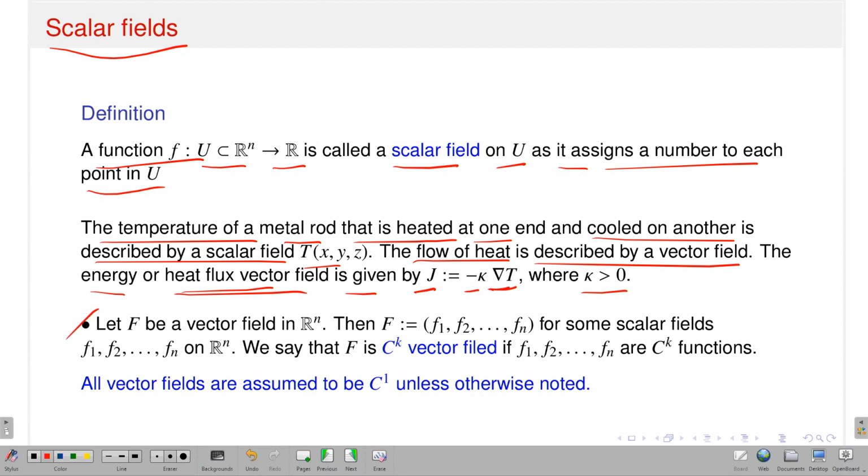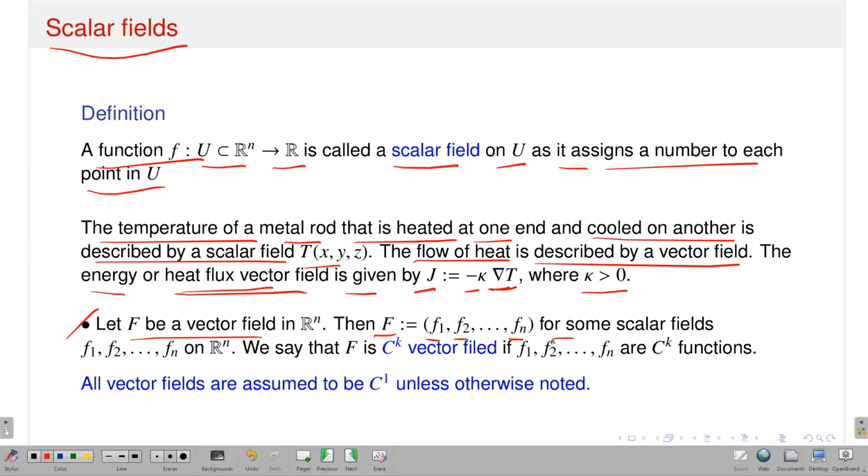And one definition I am adding here. If I start with a vector field capital F in Rn, since it is a vector field in Rn, it is a function from some domain subset of Rn to Rn, so it will have n components. I am writing capital F as F1, F2, up to Fn, and what is each Fi? It is a map from D, a subset of Rn, to R, that means each of them is a scalar field.